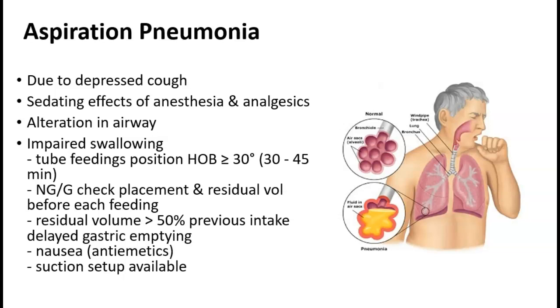So things like antiemetics and gastric motility agents, those that increase the emptying of the gastric contents. Anybody who has an airway or at risk for aspiration issue, they should have suction readily available.